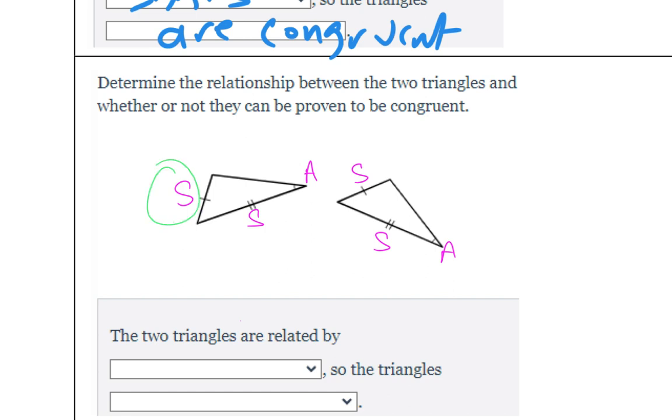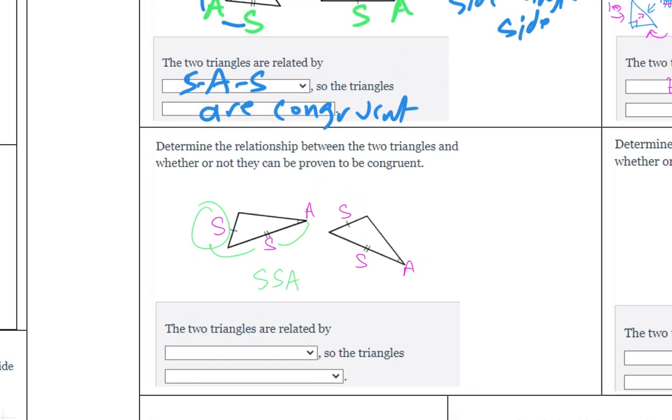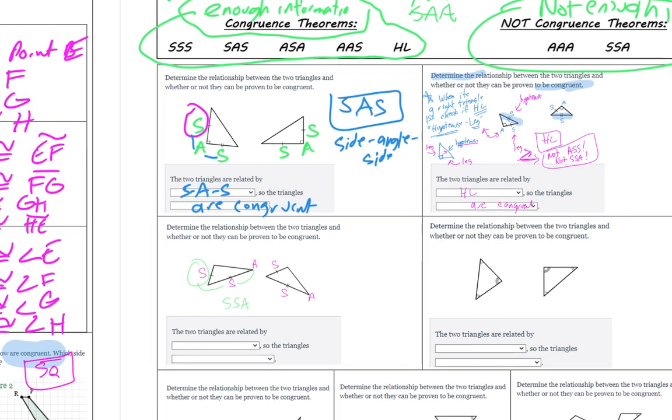So if I say S, then goes to S and then A, right? So that would be SSA. Well, we can also say this is ASS, right? So what we can remember is no bad words.